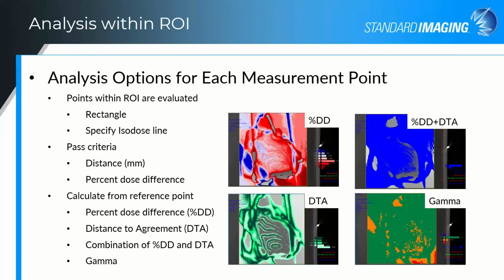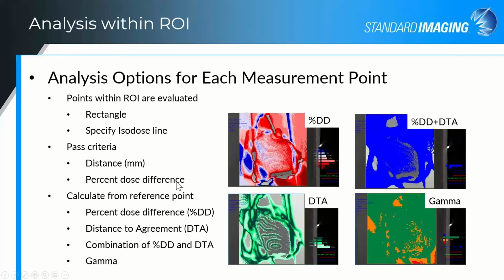So after the film plan geometric alignment and any needed dose scaling or normalization is complete, the region of interest must be specified within the software for the evaluation. One can either select a rectangular region or specify a particular isodose line within which the analysis will occur. The user must specify the pass criteria in terms of distance or percent dose difference.